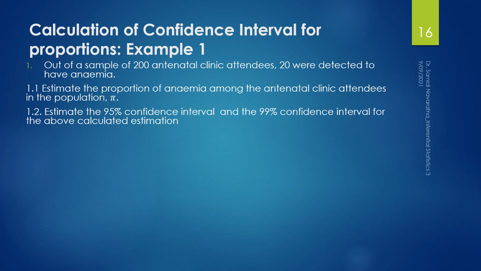The first part is quite simple. You just need to calculate the proportion. And it's 20 out of 200, and that comes to 0.1. When given as a percentage, it's 10%. And to calculate the 95% confidence interval and the 99% confidence interval, you need to calculate the standard error first.